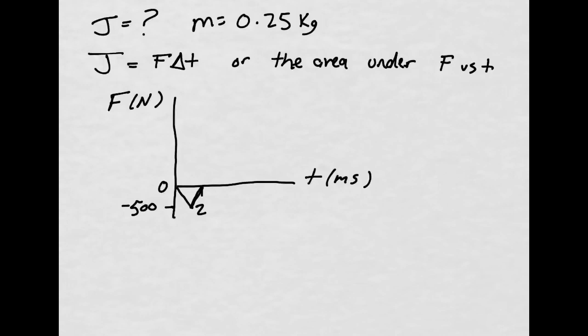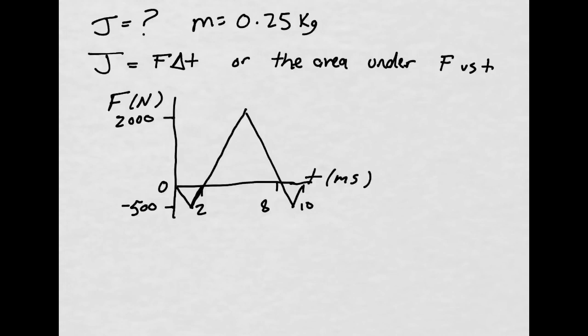Then we have a big triangle here whose maximum value is 2000. And then this point is 8, and then we have another small triangle down here where this point is 10. That also goes to negative 500.